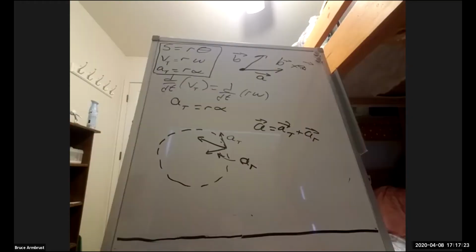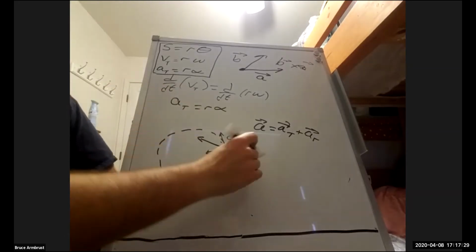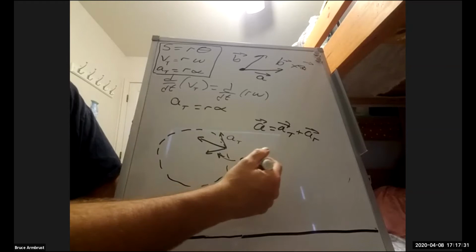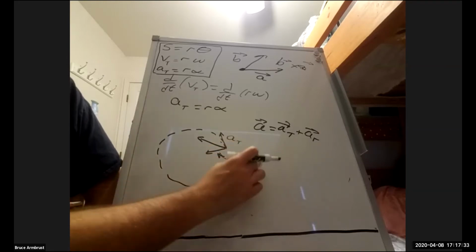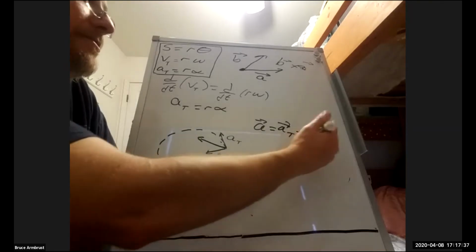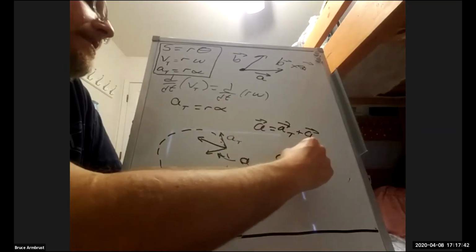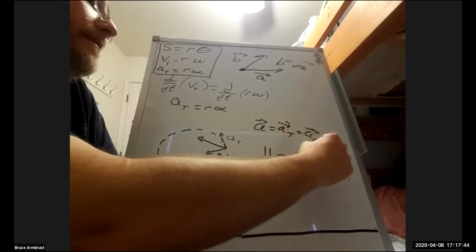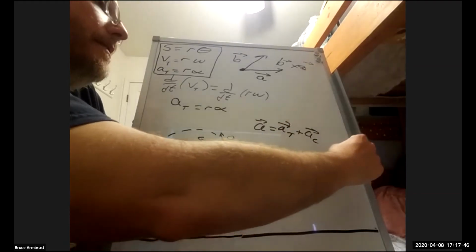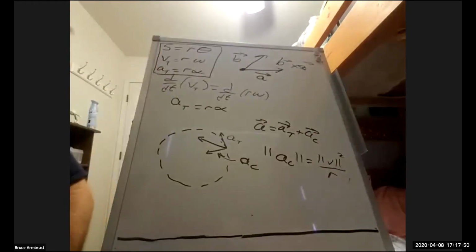Okay, that's no problem. So it turns out that when you go around in a circle, this radial, the centripetal acceleration, I'm actually going to call it a sub c because that's what I'm used to, the magnitude of a_c is actually the magnitude of the velocity squared over the radius.